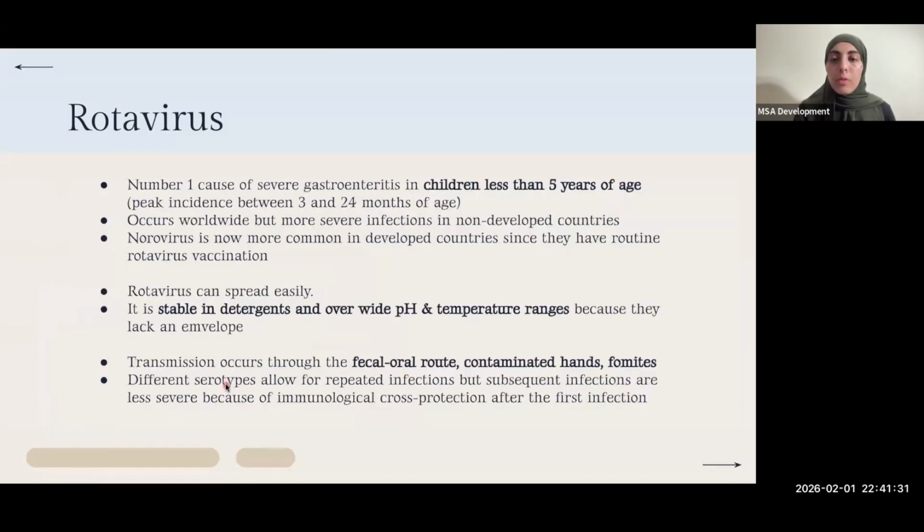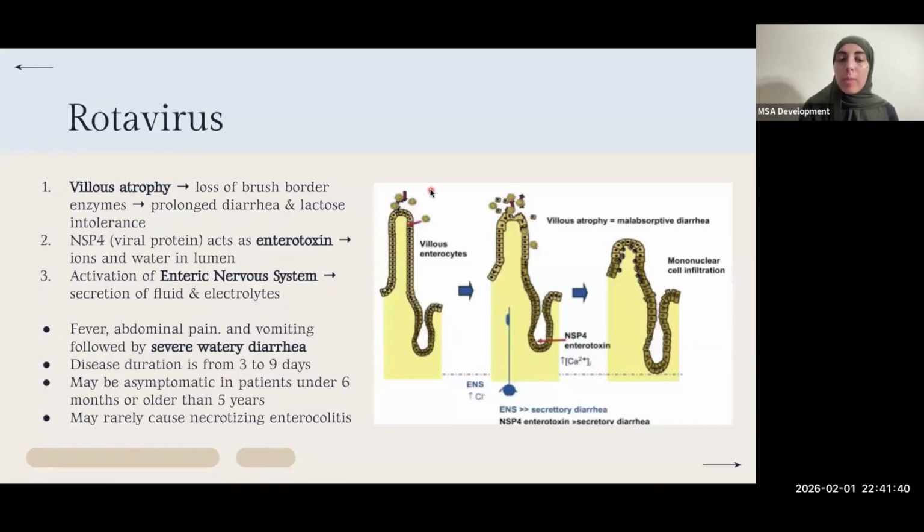Okay? Remember what we said, it is usually affecting the children less than 5 years of age. So anyone who's older than 5 may have a way milder disease and may even be asymptomatic. And rarely, rotavirus can lead to a complication which is necrotizing enterocolitis.